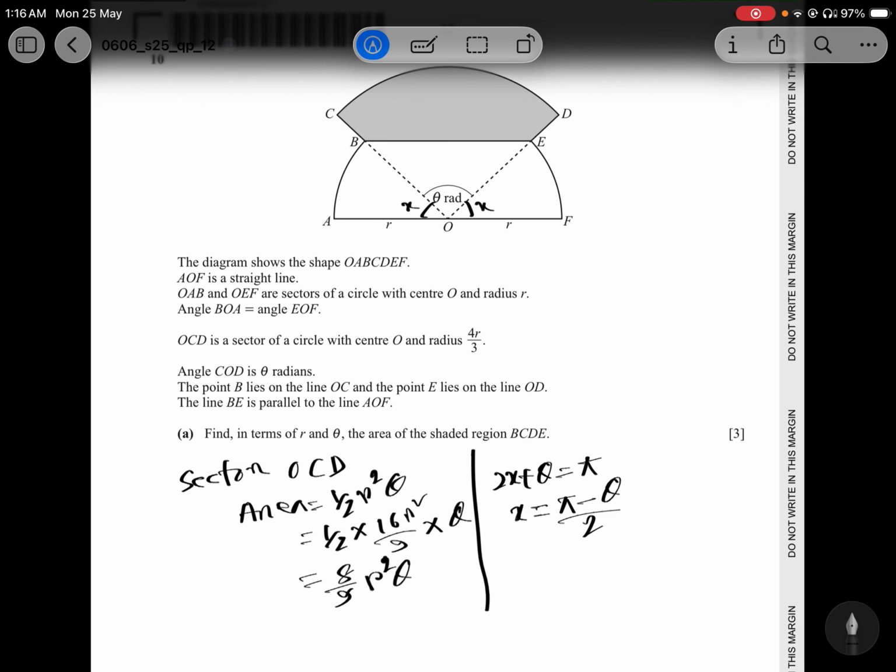Now I need to find out the area of the triangle OBE. Now I need to get the value of the side. If this is r, it should be r.